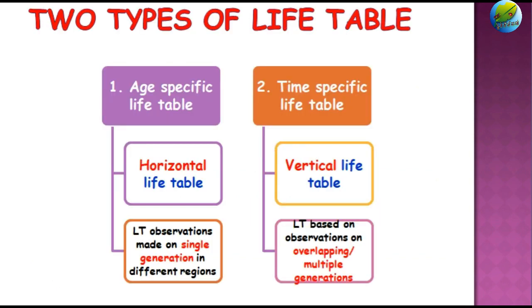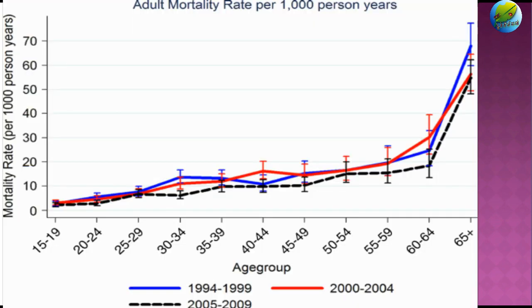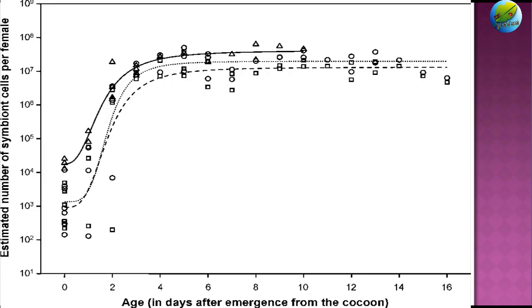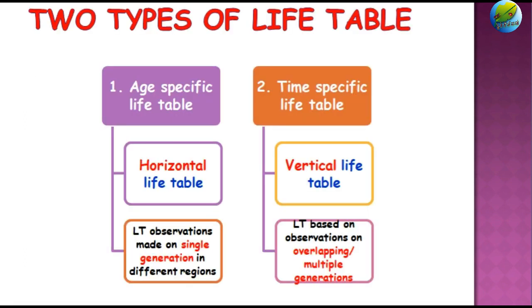In the age-specific life table, observations are made on a single generation in different regions, such as taking observations of the adult population in different regions for only one generation. In the time-specific life table, the observations are made on overlapping or multiple generations in different time periods, which is otherwise called the vertical life table, as more than one generation overlaps with each other.